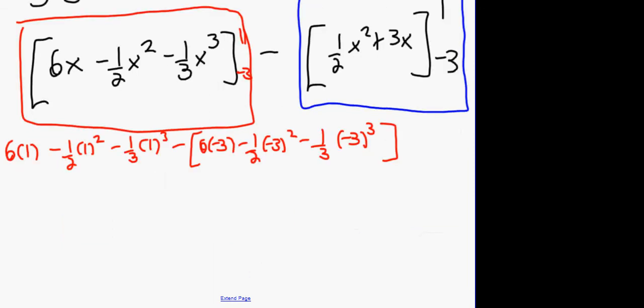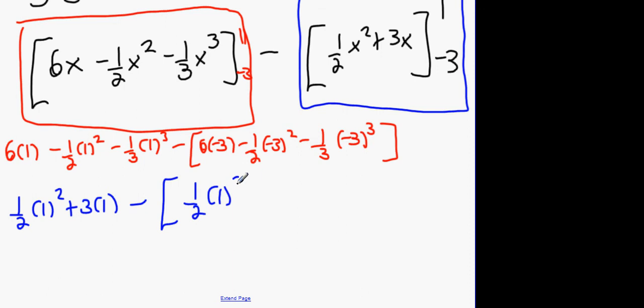That's the red part only. The blue part is going to be a half, 1 squared, plus 3 times 1, take away, open bracket, a half, -3 squared, plus 3 times -3, close bracket.